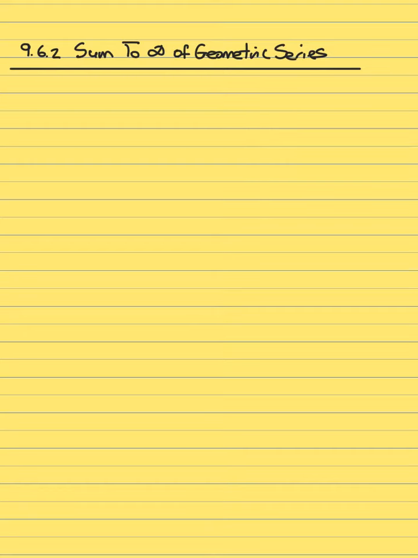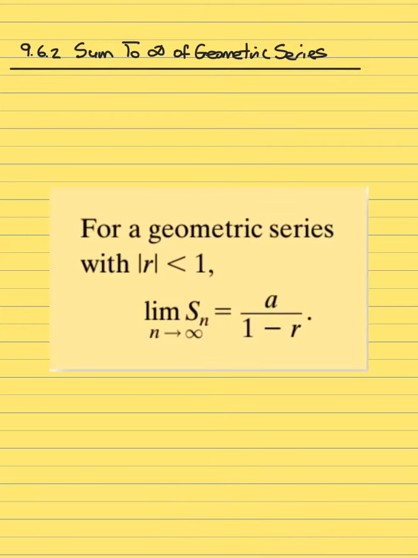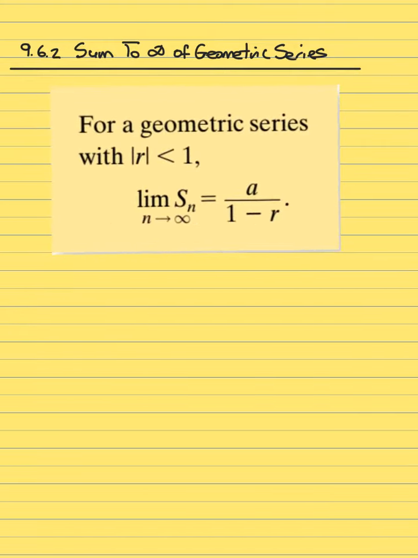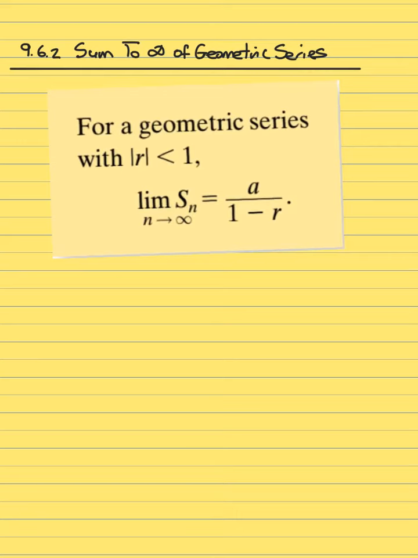In this video, we look at the sum to infinity of a geometric series. Now, the only time we can get the sum to infinity is if the absolute value of the common ratio is less than 1.